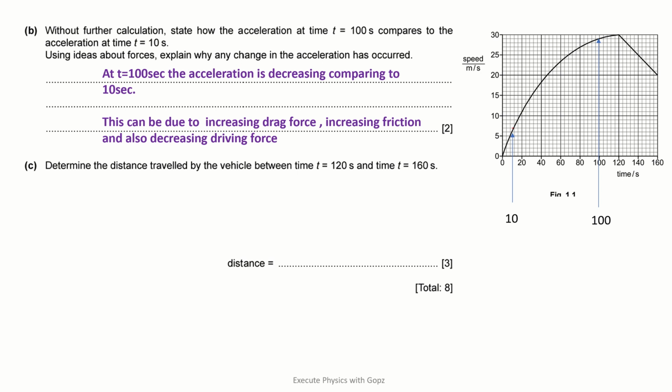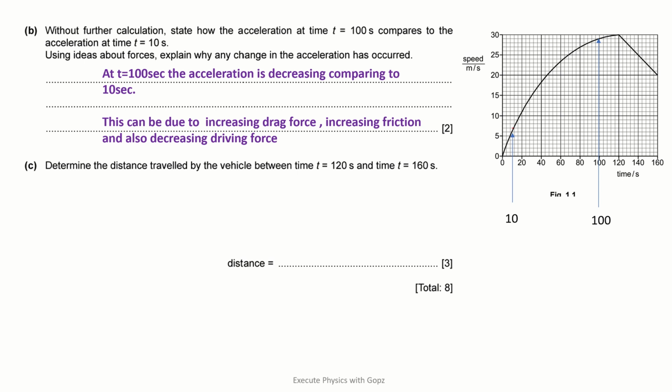So we can write the points as: at time t equal to 100 seconds, the acceleration is decreasing compared to that of 10 seconds. The reason could be either the increasing drag force, or maybe the increasing friction across the tires, and also the reason can be the decreasing driving force. If these 2 points are given, you will get the 2 marks.